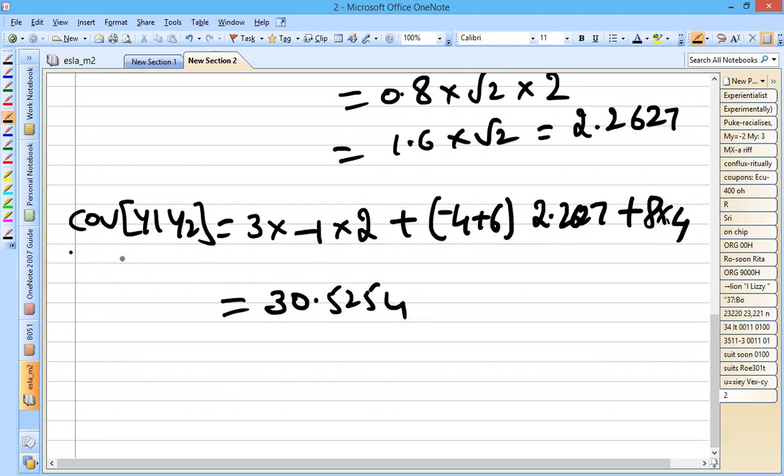So we have calculated one parameter. What is the next one? We have to calculate the variance sigma y1 square. What would be the equation? It is the same as that of sigma u square, the formula you have seen earlier.